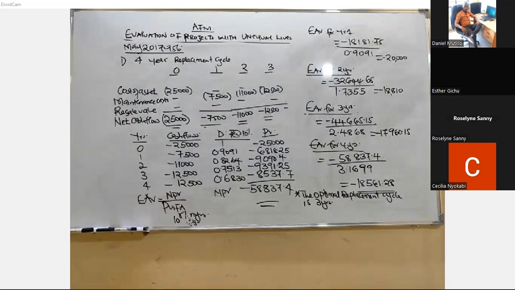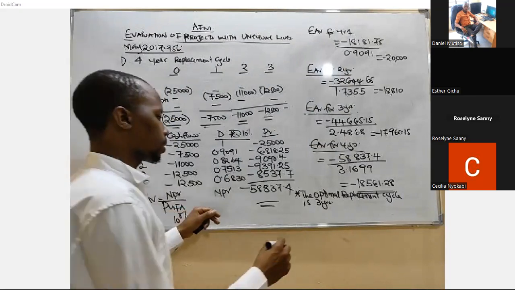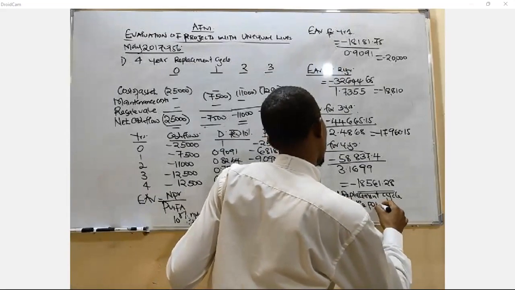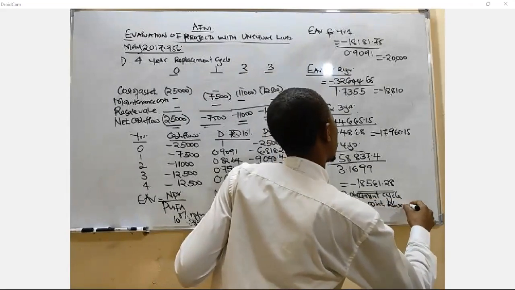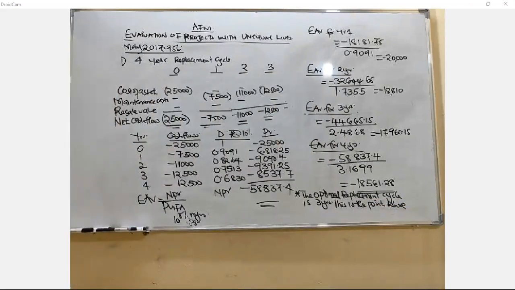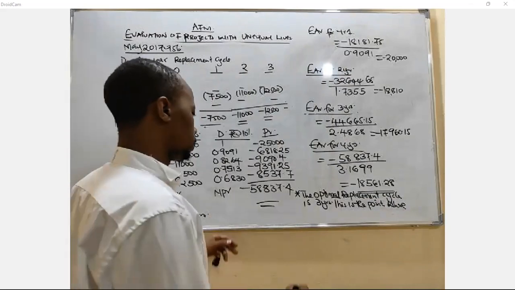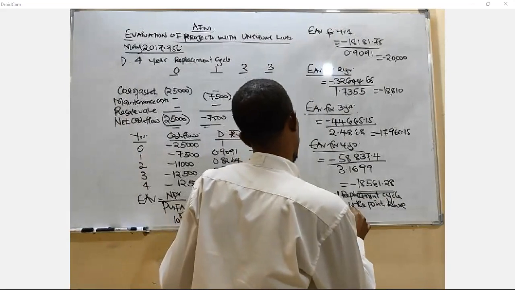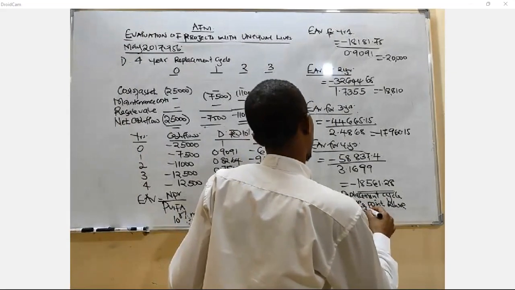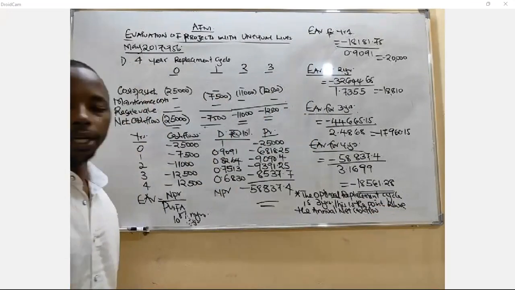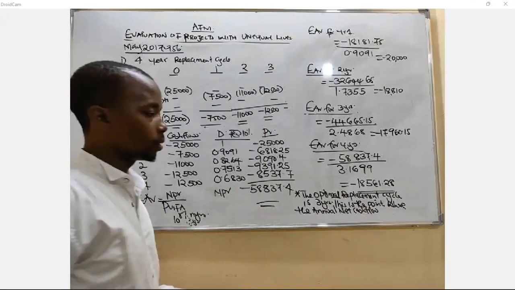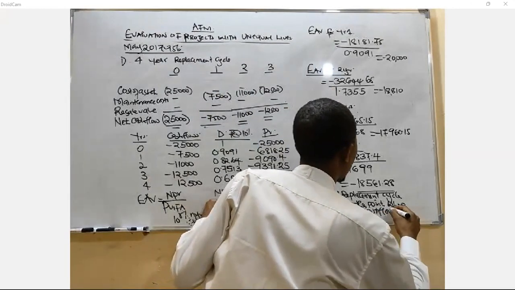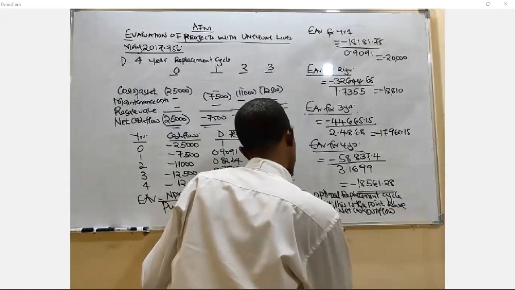And we say this is the point where the annual net cash outflow shall be minimized.